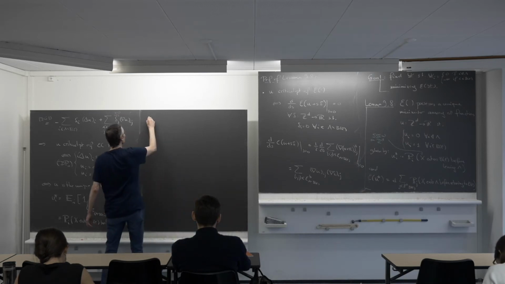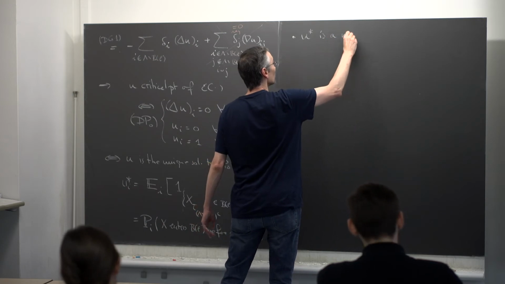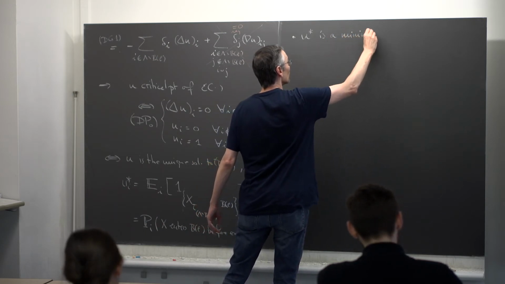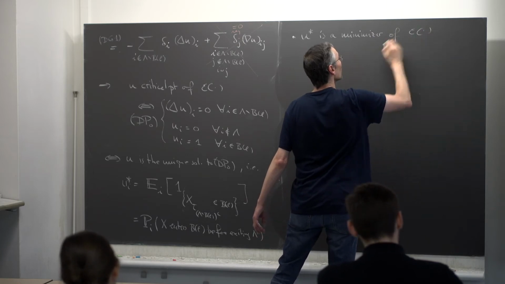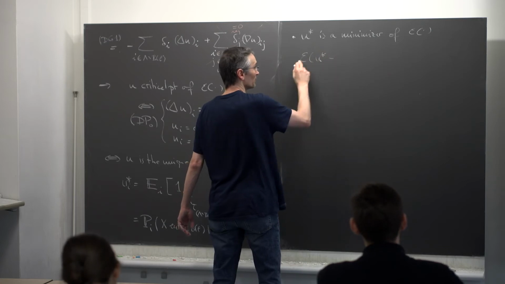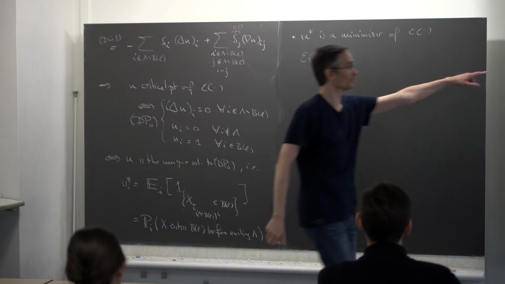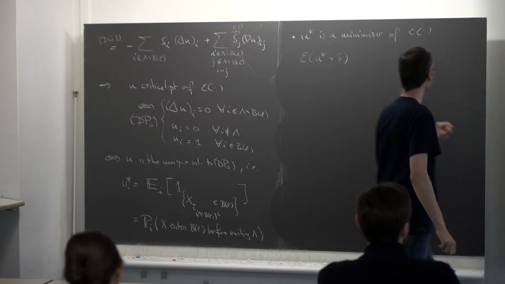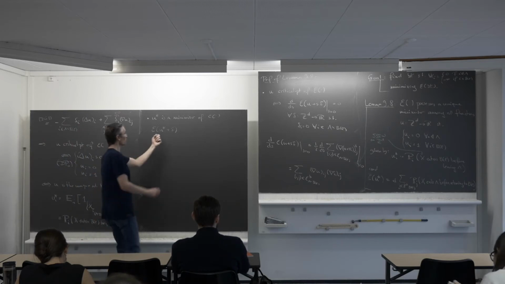First one, let's check that U star is a minimizer of E, not just a critical point. The simplest way of doing that is you look at the energy of U star plus delta, where delta is a profile that does not change the boundary condition on U, as before. And this you write explicitly.